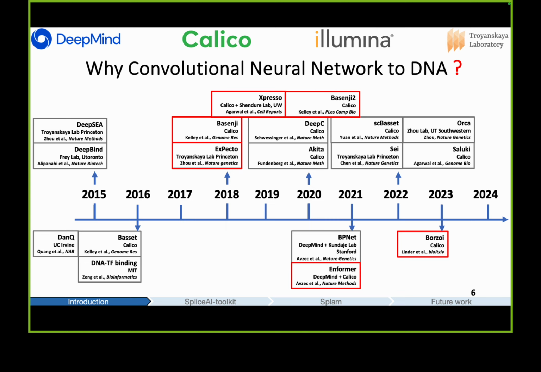Models include Basenji, developed by Calico, ExPecto from the Troyanskaya group at Princeton, and Enformer by DeepMind and Calico, and so on. And finally, CNN-based models have also been proven very successful in splice site prediction, which is the main topic I am focusing on today. The most representative one is SpliceAI, developed by Illumina.